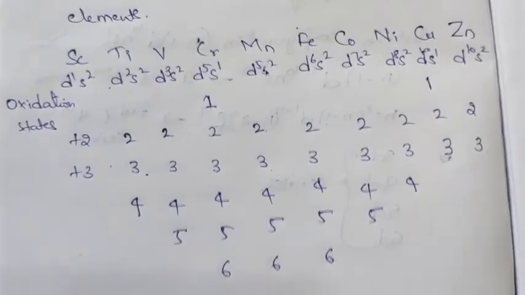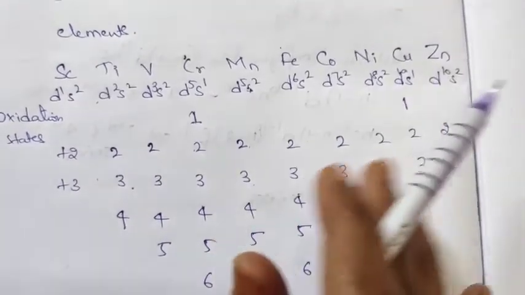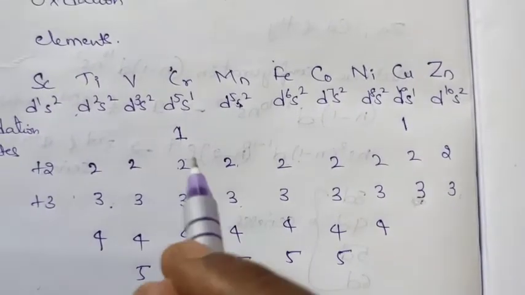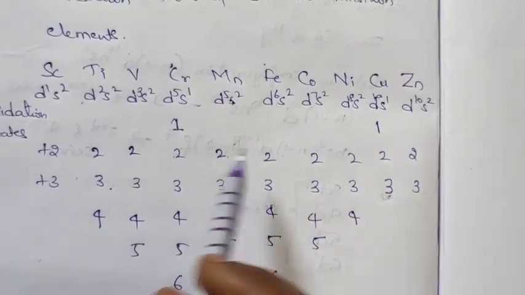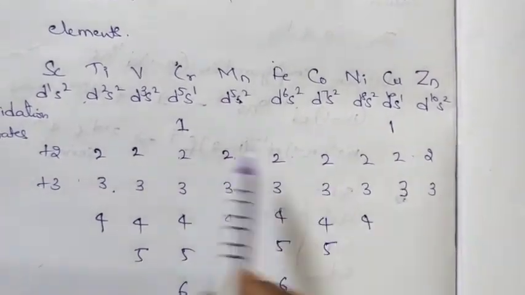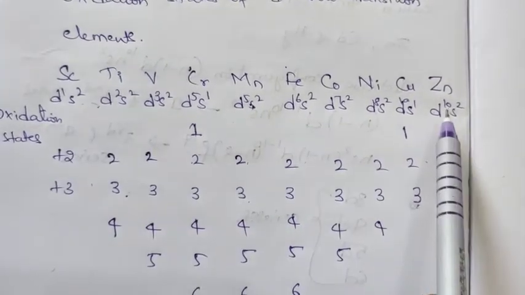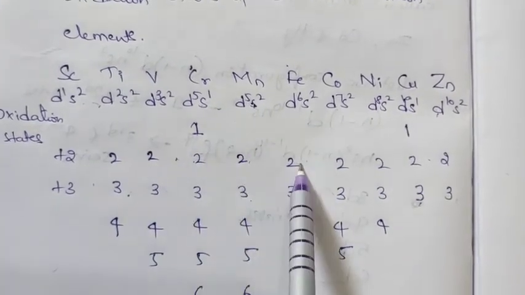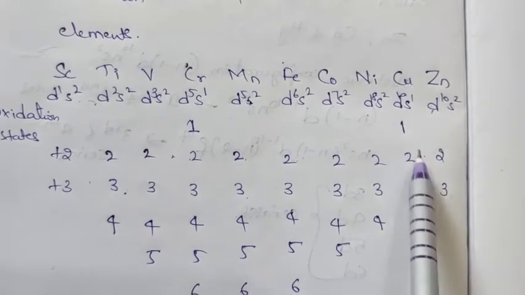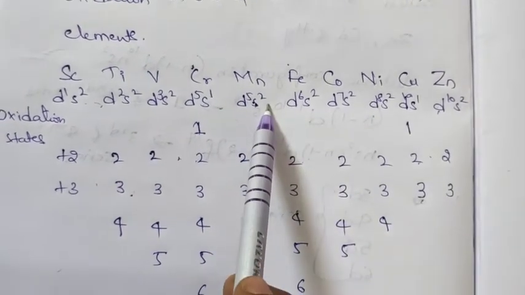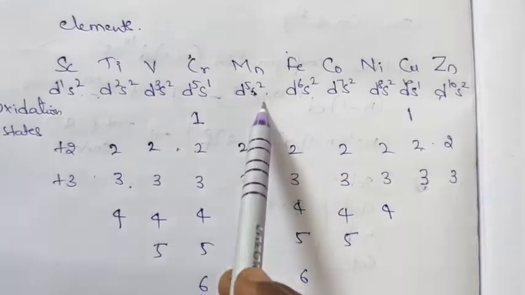As the elements of the first transition series suffer loss of 4s electrons, these have common oxidation states of +2. See, all these elements show the +2 oxidation state. This is the common oxidation state for the first row transition elements.